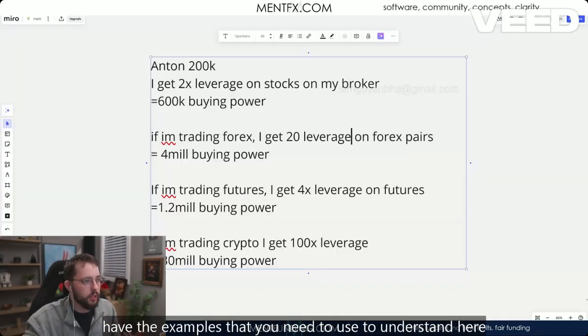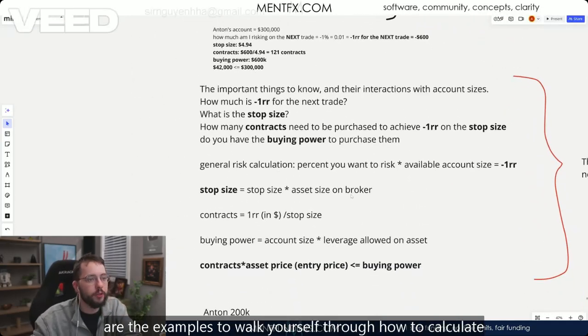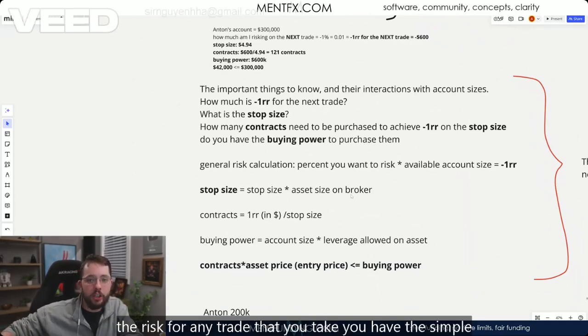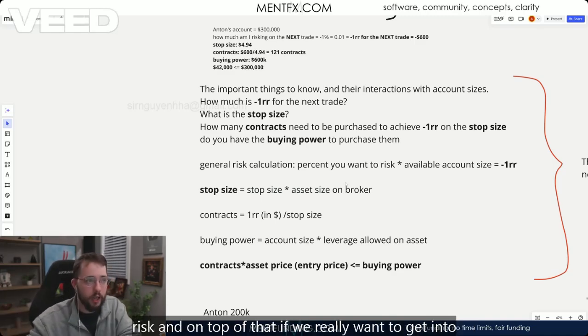So now you know how to set yourself to a risk. You have the examples that you need to use to understand. Here are the examples, to walk yourself through how to calculate the risk for any trade that you take. You have the simple tool of how to use TradingView to actually calculate that risk.